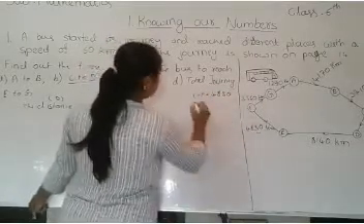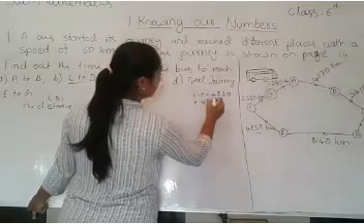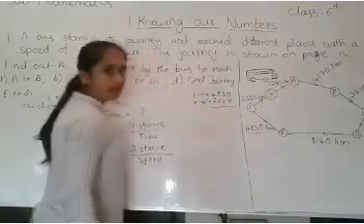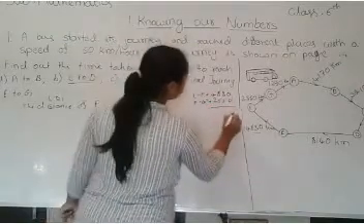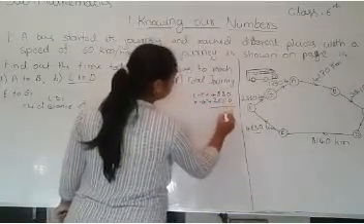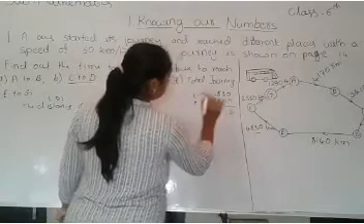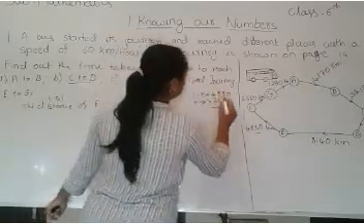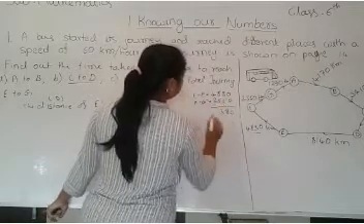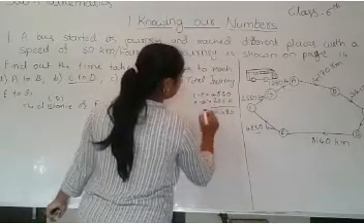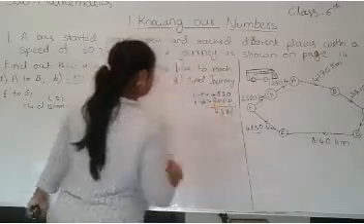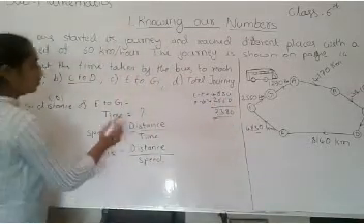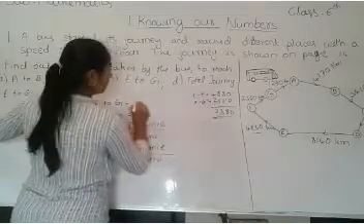Then F to G is 2550. You have to add these two distances. 3 plus 5 is 8. 8 plus 5 is 13. 4 plus 2 is 6. 6 plus 1 is 7.